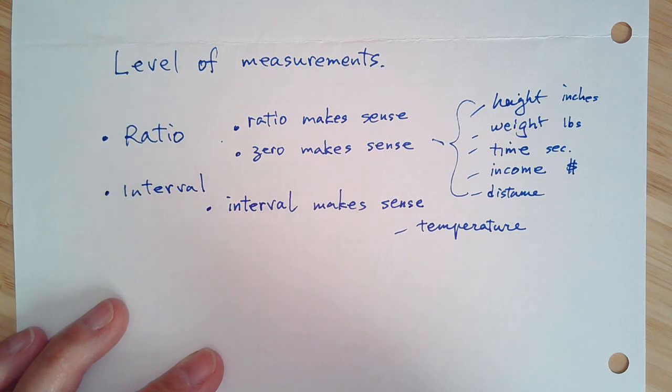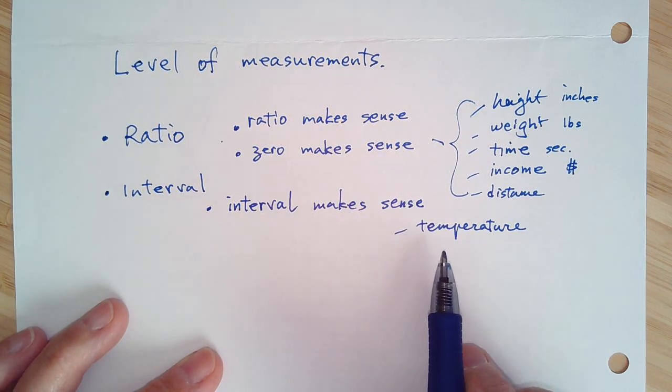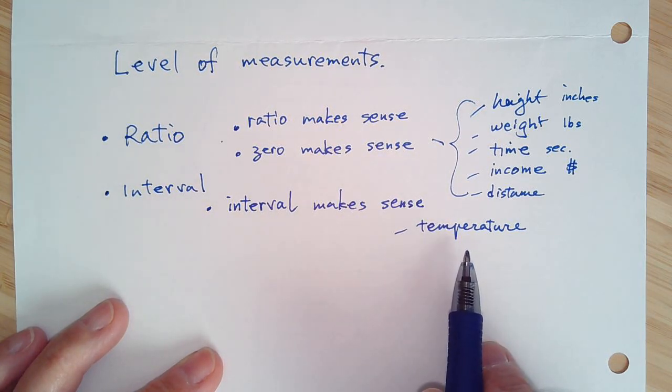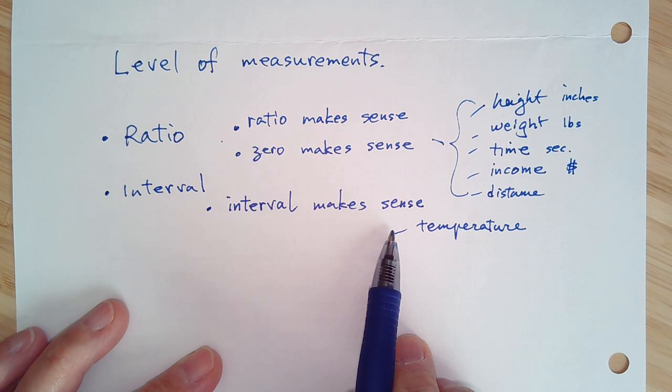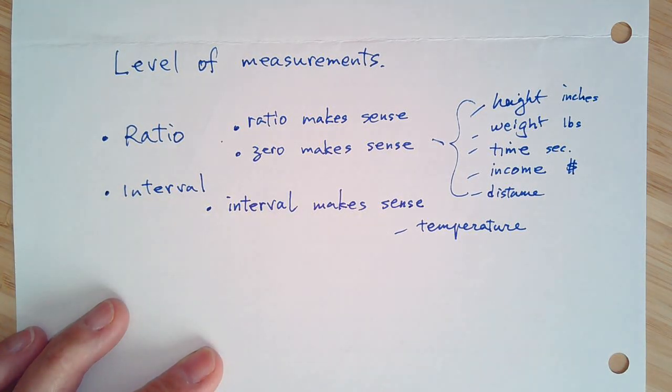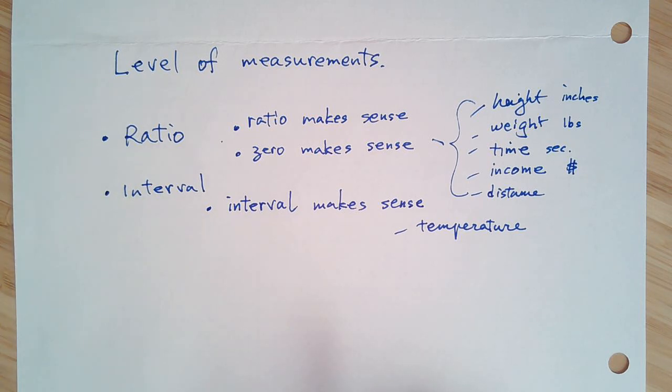See, that's between 2 degrees, that makes sense. So the interval makes sense. So in that case, that's an interval data. Now the temperature is a very, very frequently used example for interval data. And there could be another one.